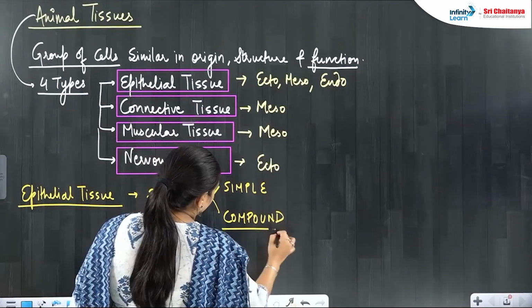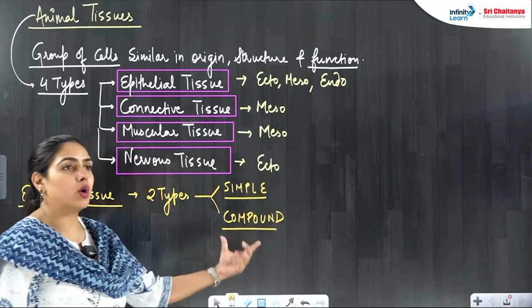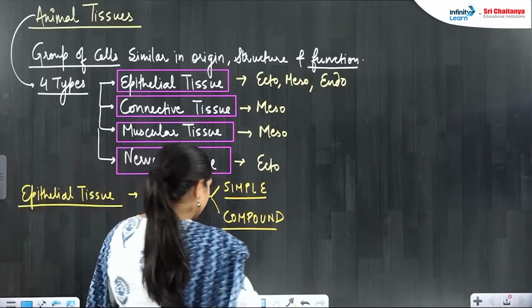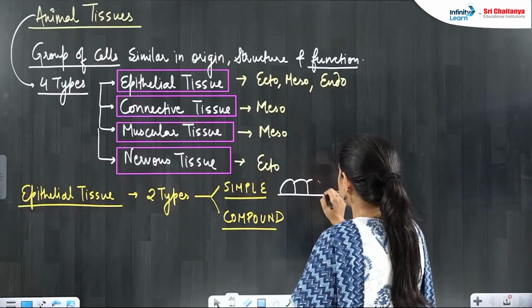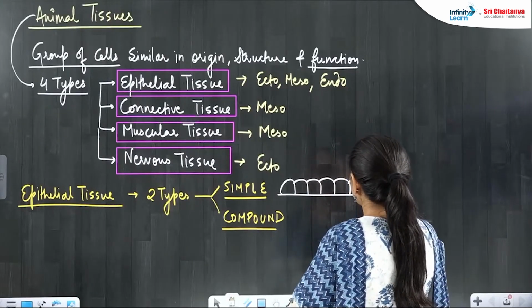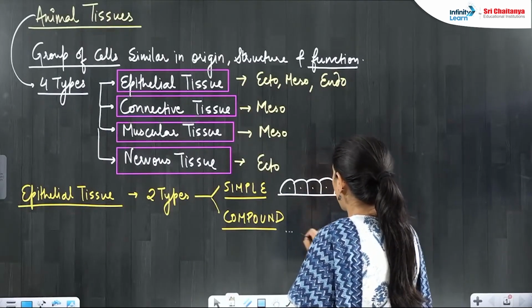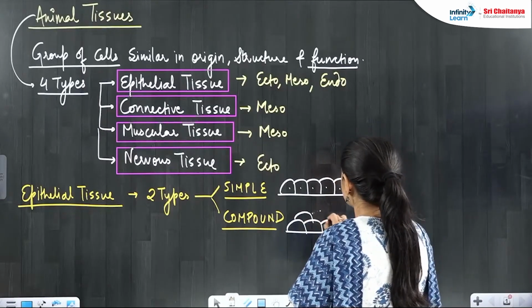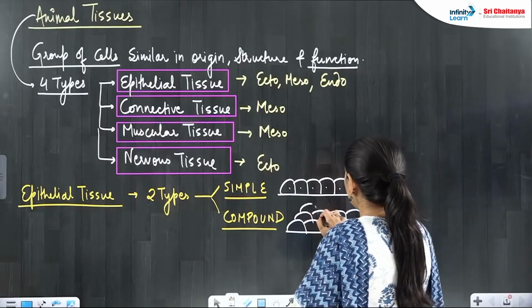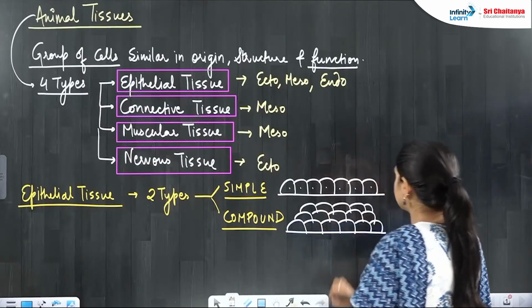Simple is meant for covering and compound is meant for protection. Simple has a single layer of cells. Compound has many layers of cells, more than one layer of cells.